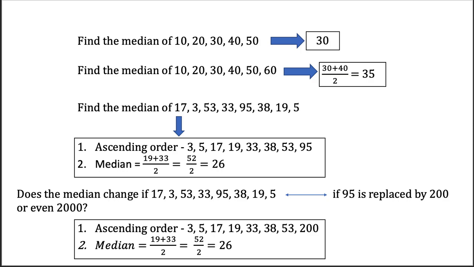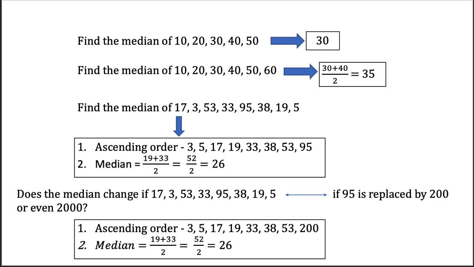The answer is no, because median involves the middle two terms. It is the middle term that we are trying to find out by answering this question. So as long as the middle number doesn't change, and the numbers below that don't change, there is going to be no difference in the median if the last number is changed.